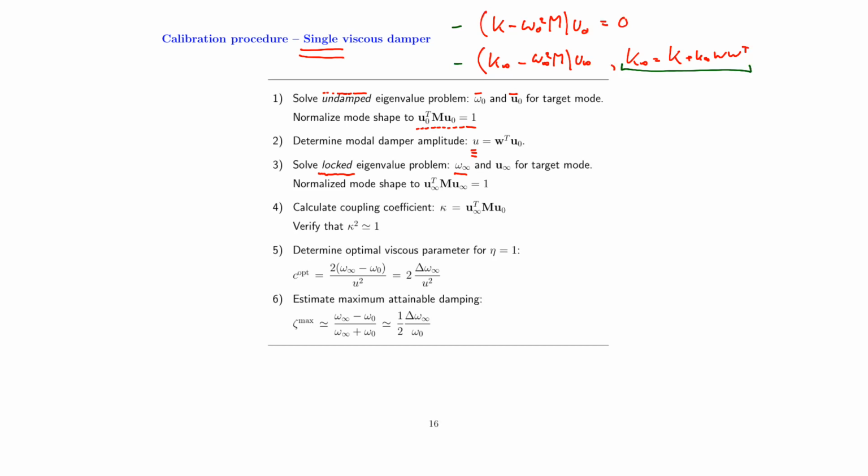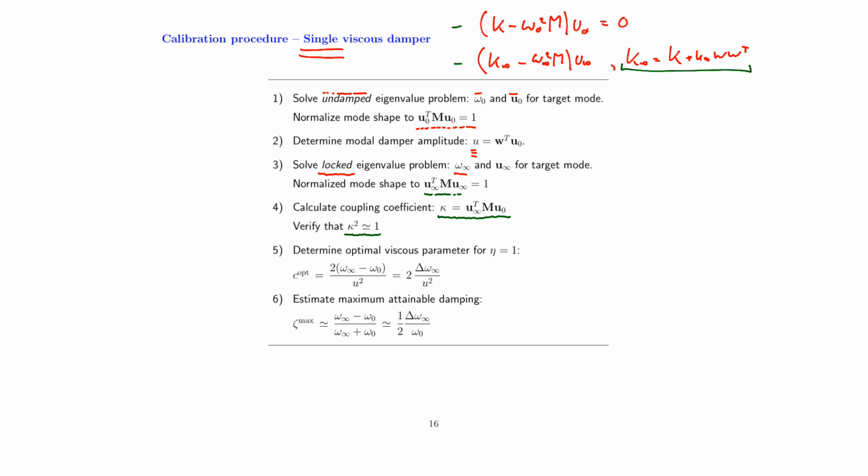Now it's written here that you should also normalize the mode shape U infinity to unit modal mass, and the only reason to do that is that it's always a good idea to calculate this kappa value and check that it is close to unity. Even if it's not close to unity, I would anyway try to use the steps in 5 and 6 to actually find the optimal viscous parameter and the maximum damping ratio.